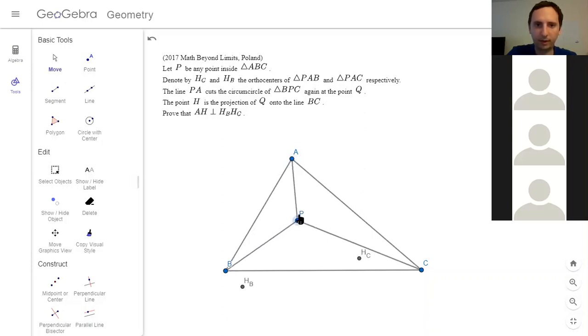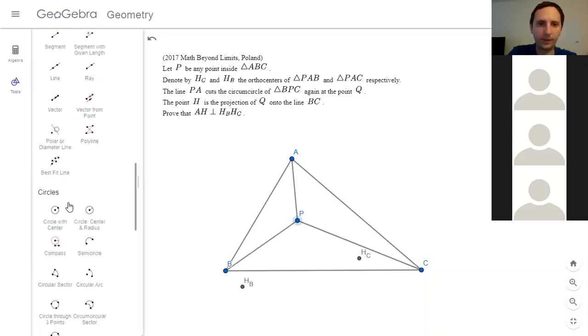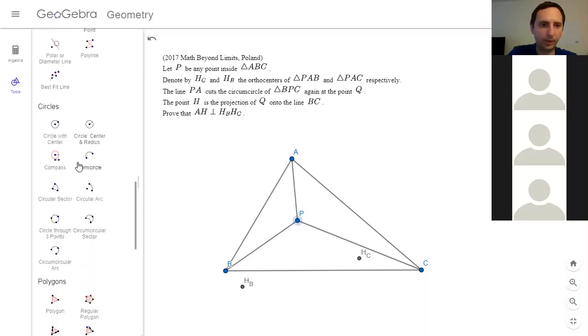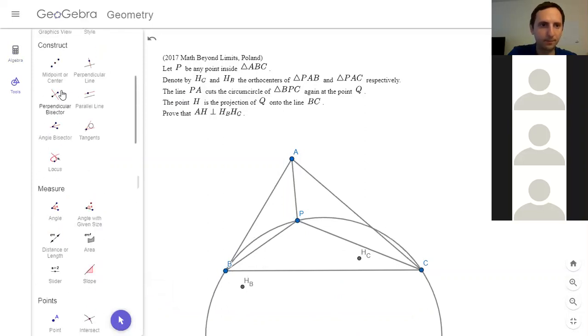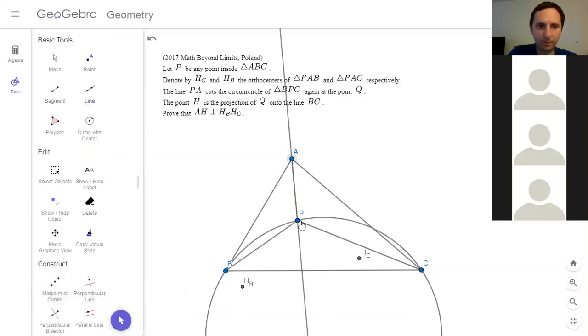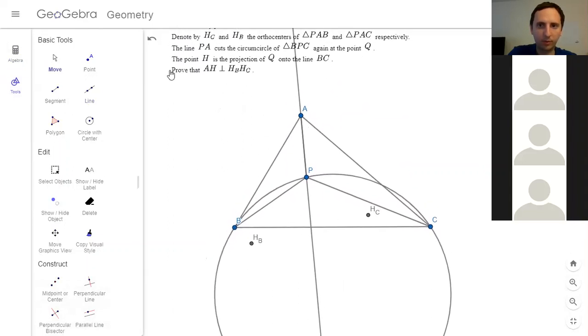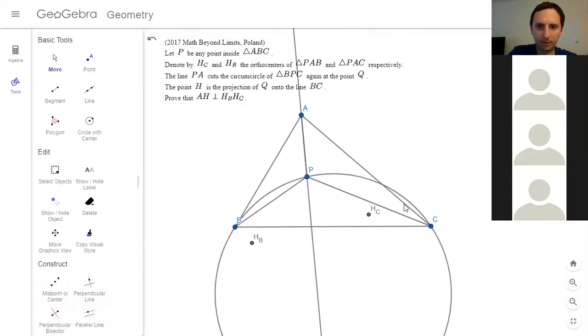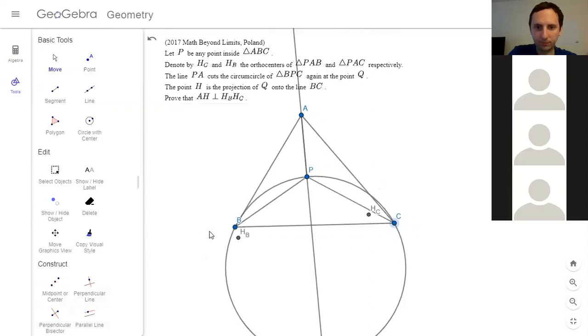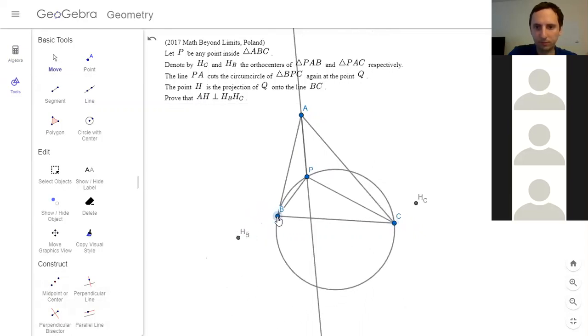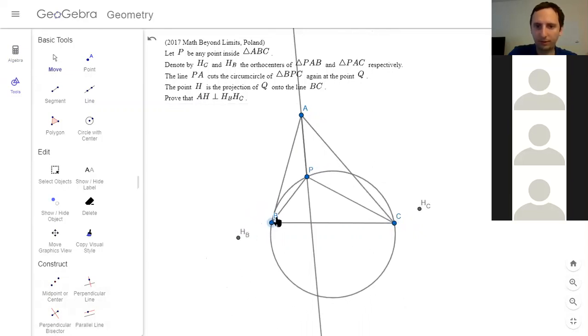I guess that looks okay. And then we see where PA cuts the circumcircle of BPC. That looks pretty nice.